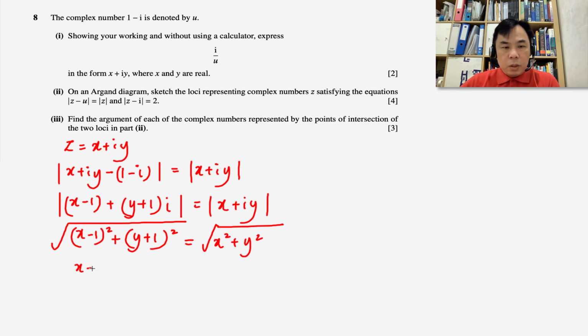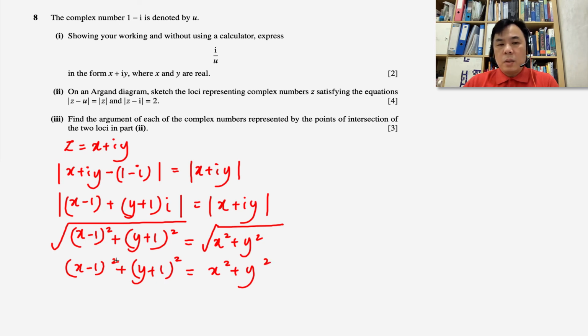Now, if you try to expand this, you will notice that the x squared and y squared cancel off. What is left is only negative 2x plus 1 plus 2y plus 1 equal to 0.